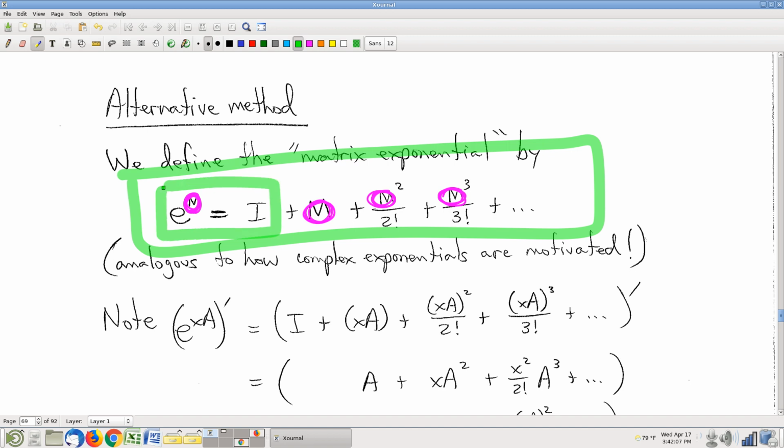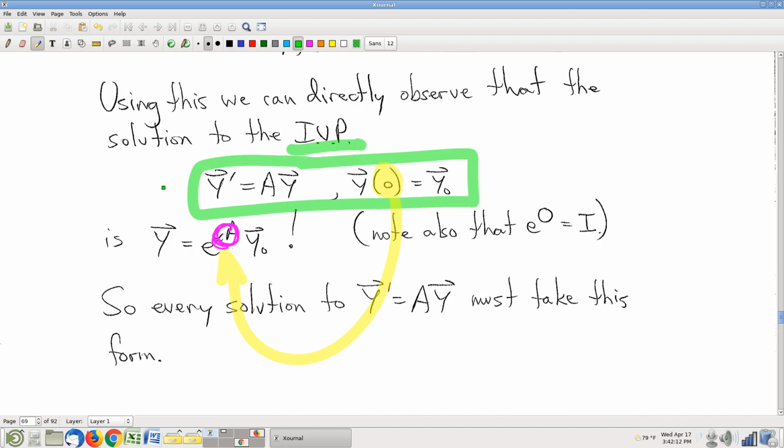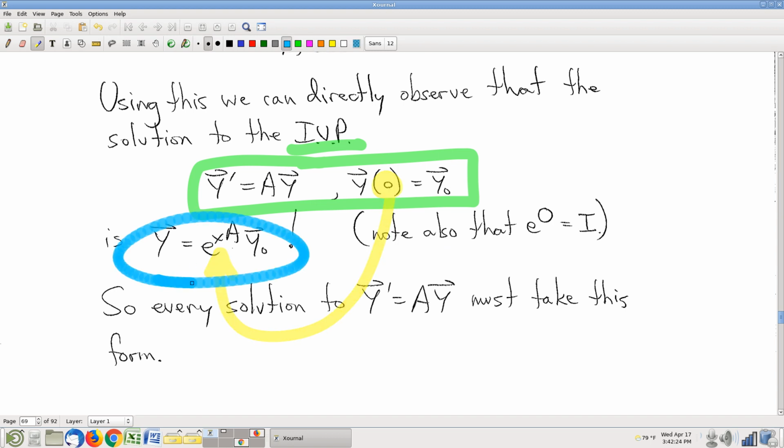So all the other terms just disappear. And if e to the 0 is the identity matrix, then notice that when x equals 0, the value of this becomes just y naught as required.